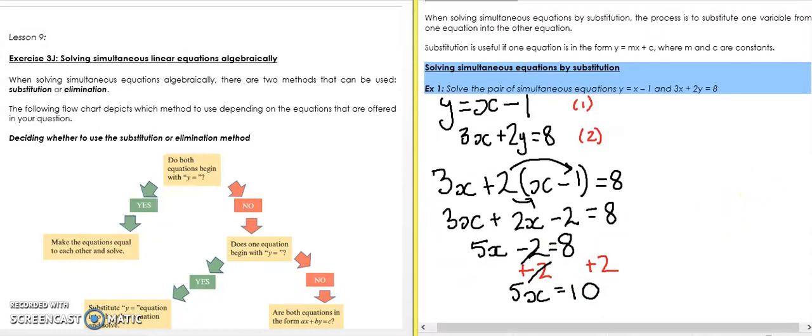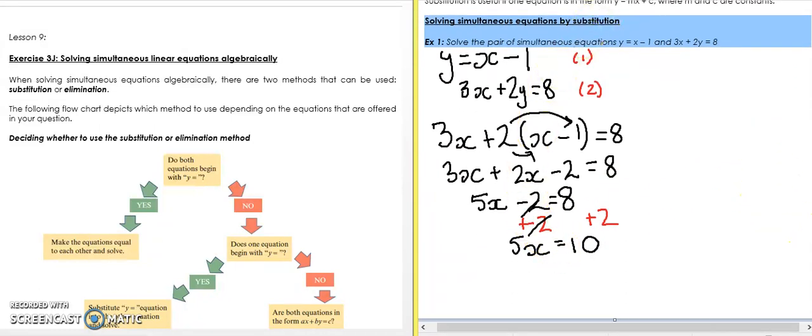And then with this, we have a 5 times x, so the opposite of times 5 is divide by 5. So divide 5 left, divide 5 right. Cancel, cancel. x on the left hand side. And 10 over 5, or 10 divided by 5, is 2.